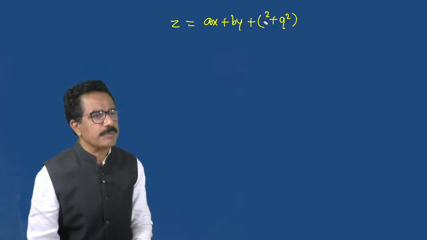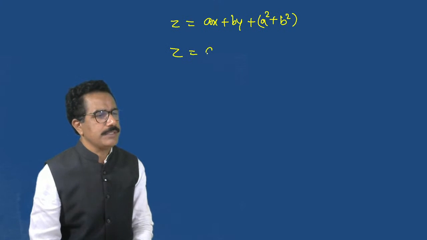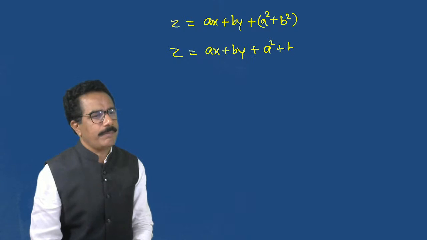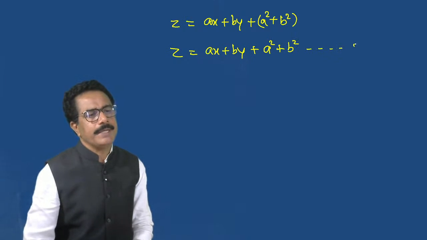We can replace p² + q² with a² + b². So z = ax + by + a² + b². This is the complete integral.